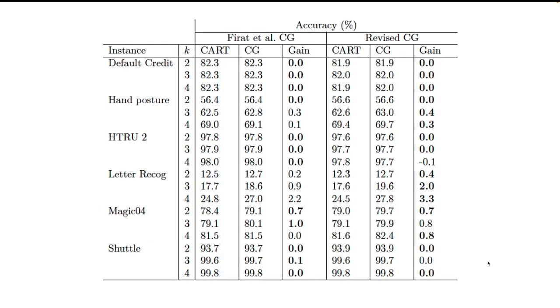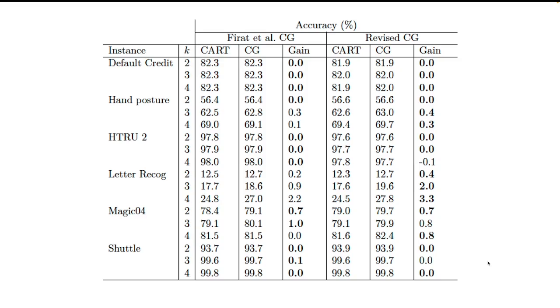For the larger data sets, Firat did not report the accuracies on the training data sets. So we had no choice but to compare the accuracies on the testing data set. Recall that Firat did not really focus on generalizing the performance for the testing data set, and we also consider the same objective. That's why you see a lot of zeros in the gain columns for both these algorithms.